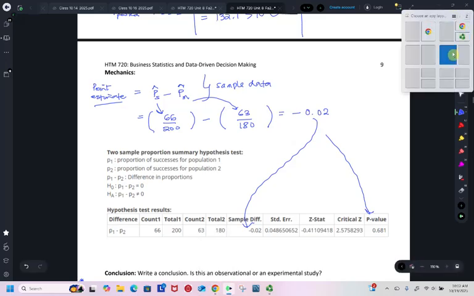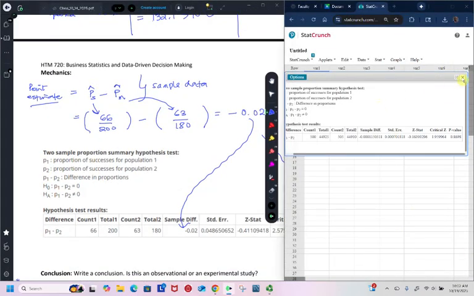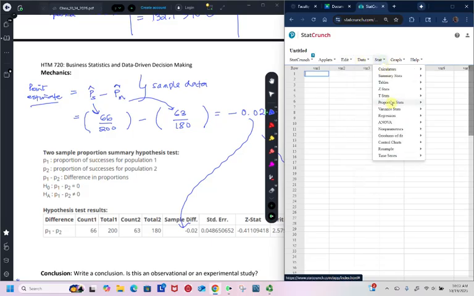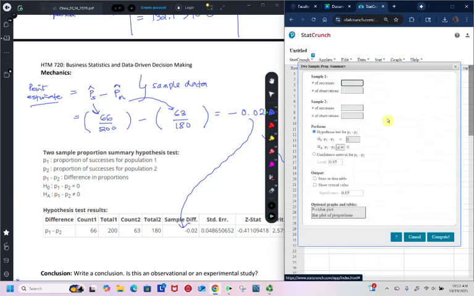I'm going to go here and X out of this, and I'm going to go to Stats, Proportion Statistics, Two Sample, with summary. In the Seattle group, it was 66 out of 200. In the Minneapolis group, it was 63 out of 180.